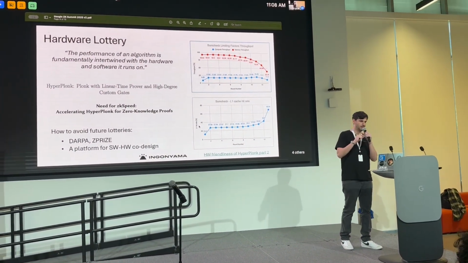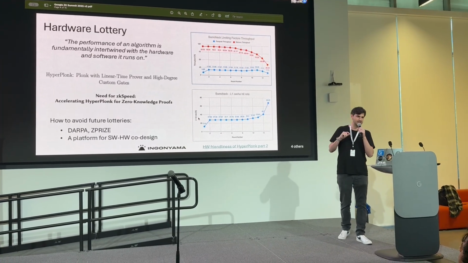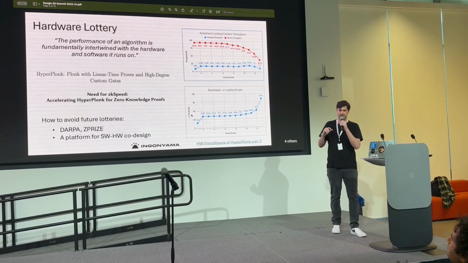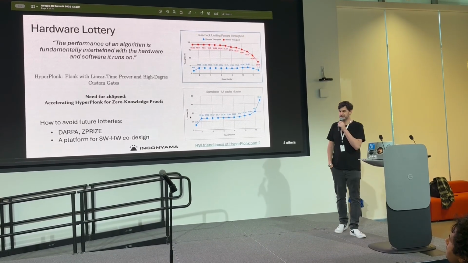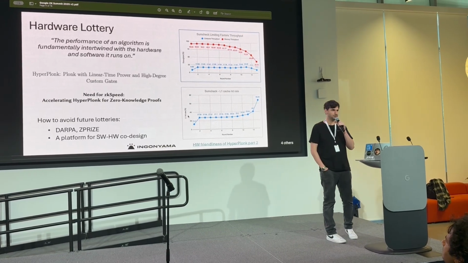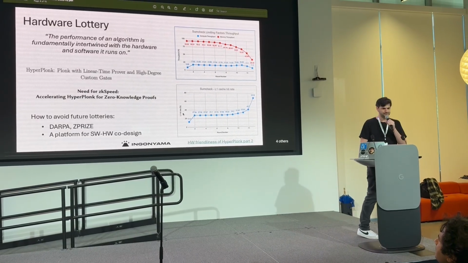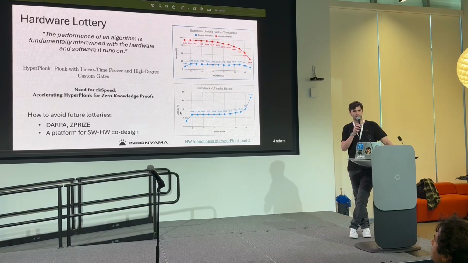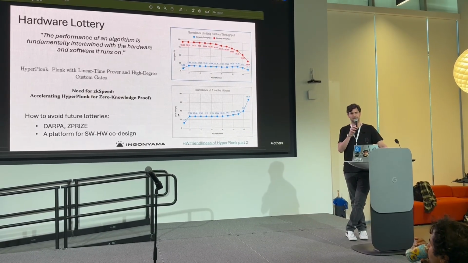Before explaining the solution, I want to spend a little longer on the problem itself so that I can bring it home. For that, I want to introduce the concept of hardware lottery. Might be slightly abusing this concept, but basically, Sara Hooker a few years ago in a nice paper coined this term to explain that if you want your research to be impactful, to have some chance to go mainstream, you need to be aware of the software and the hardware that you are implementing on.